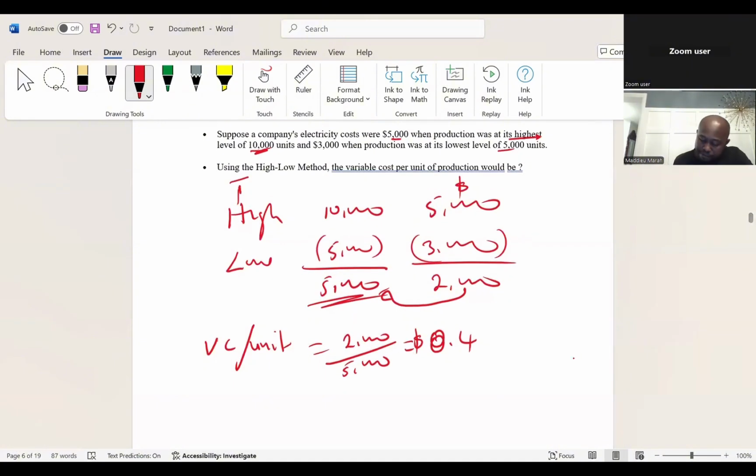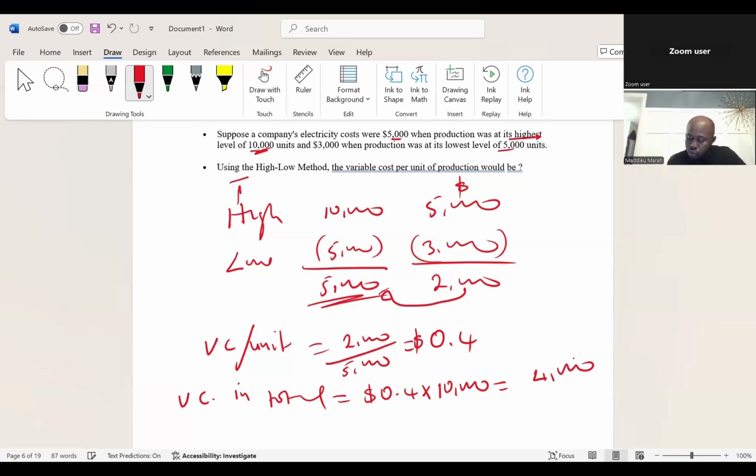Now, what's my variable cost in total? My variable cost in total is equal to my variable cost per unit, 0.4, multiplied by the number of units. I can use the high unit, which is 10,000, or the low unit, which is 5,000, whichever. So I can use the high unit, which is 10,000. So 0.4 at 10,000 will give me 4,000. So this is my variable cost in total.